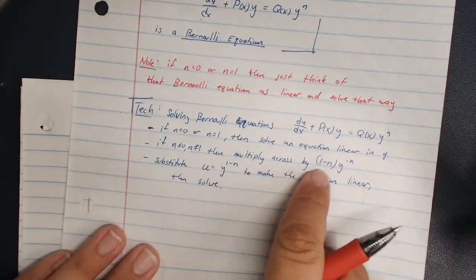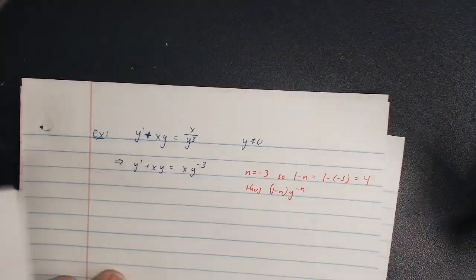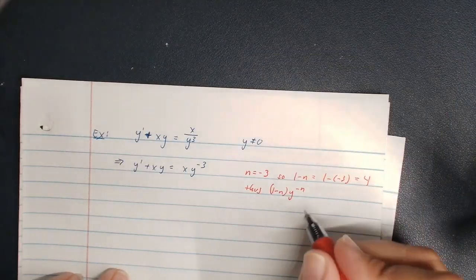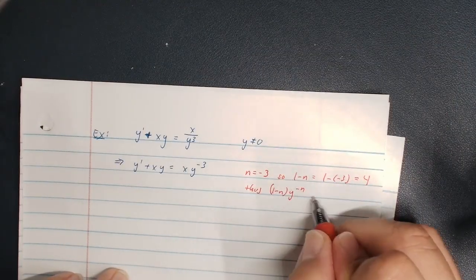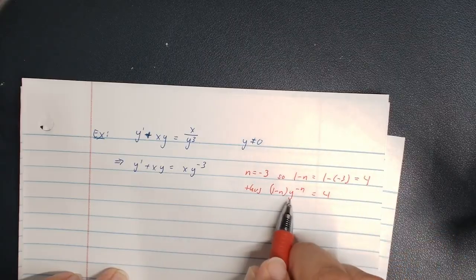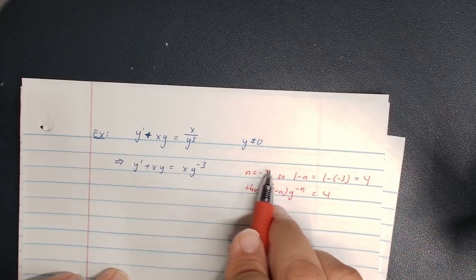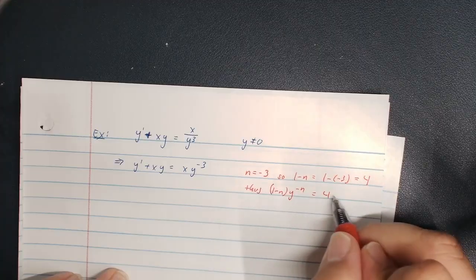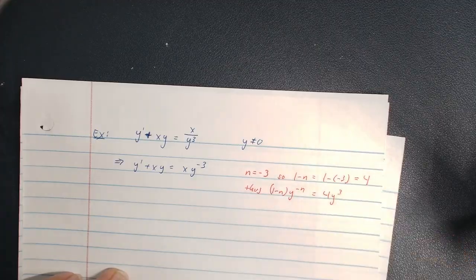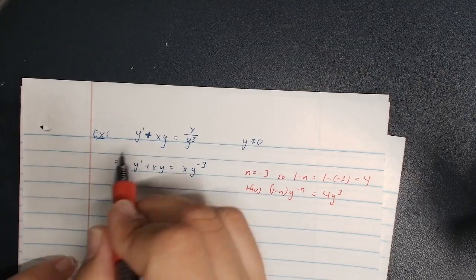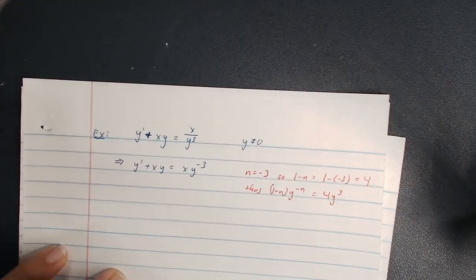That's going to be 1 minus n was 4, and then we take the negative of this n. Since it's already a negative, it'll become a positive. So you get 4y to the third power. So that's what we're going to do. We're going to now multiply all the way across by 4y to the third power.